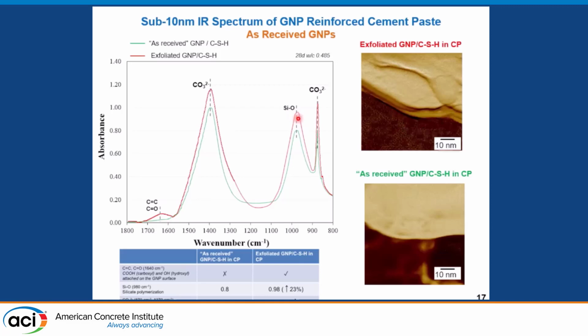Also, comparing the carbonated specimens that contain the as-received and exfoliated GNPs, we observe that the exfoliated GNPs result in higher characteristic peaks of the carbonate ion, showing the existence of higher amounts of carbonates. Hence, a higher degree of carbonation is observed.